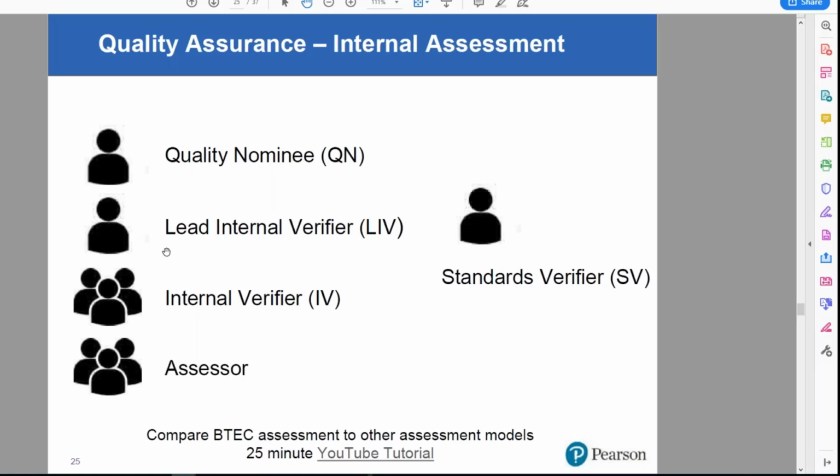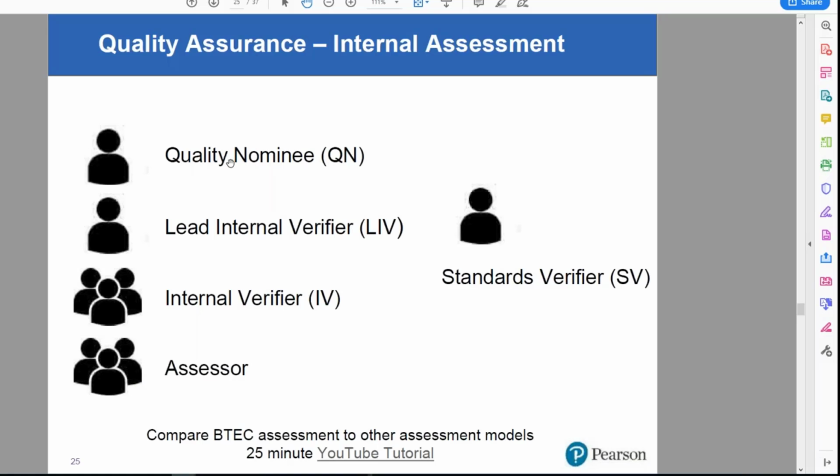So again, if you imagine you're a two-man team in a school, this person could be the head of department. He would also be internally verifying his colleagues' assessments, and the colleague would be internally verifying his assessments. So even though there are 3 levels here, this can easily be 2 people.